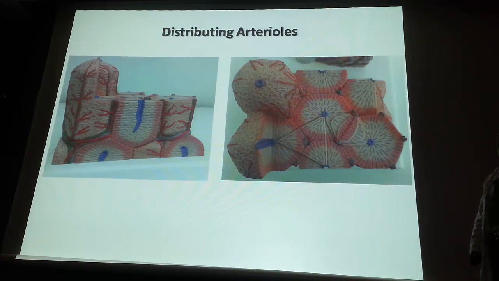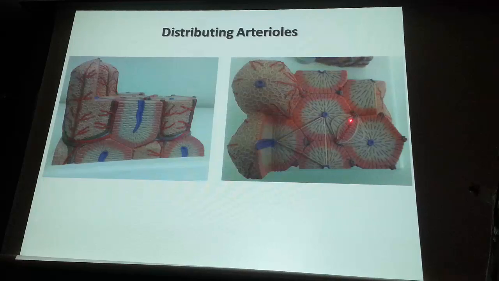So if you want to imagine how blood is distributed by each distributing arteriole between two hepatic arteries, you will draw what we call a diamond shape structure. This diamond shape structure can explain how blood comes from the distributing arterioles down into the central veins within two adjacent classical lobules.